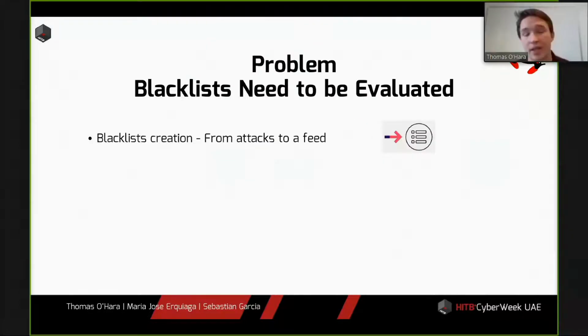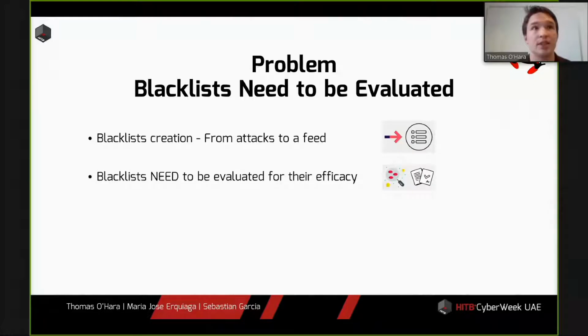So what's the problem? The problem is blacklists need to be evaluated. Blacklists, as I said before, are made by aggregating attacks into master blacklists. There is almost no publicly available information about the results of blacklist evaluation, or about the methodologies that are being used to perform these evaluations.